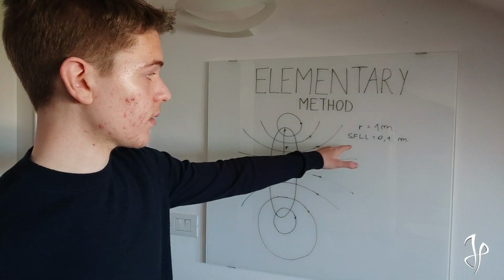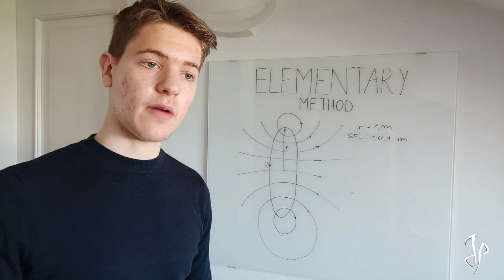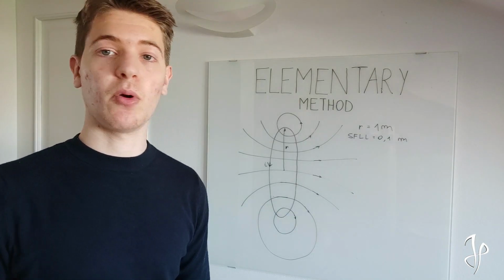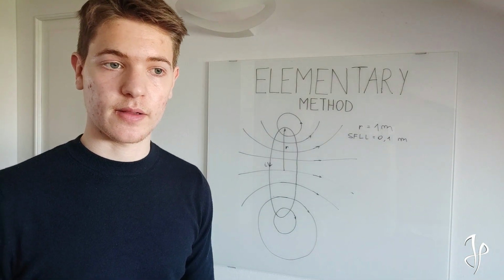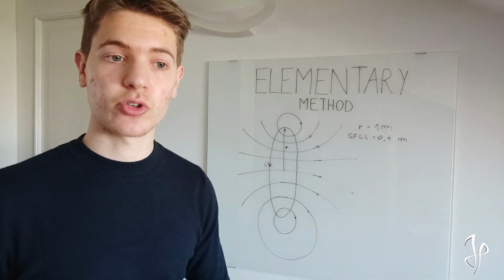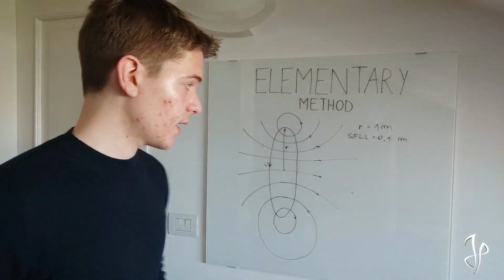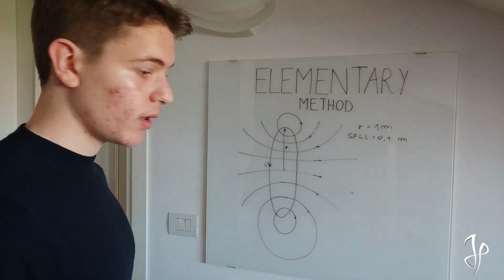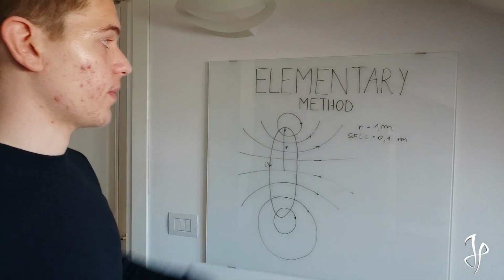So standard field line length is basically the average length of the polygonal object that the algorithm creates in order to represent the magnetic field line. So let's talk about all the steps of the elementary method.